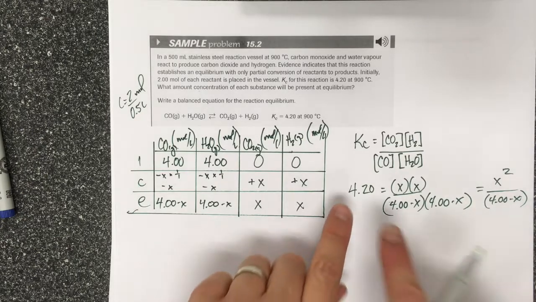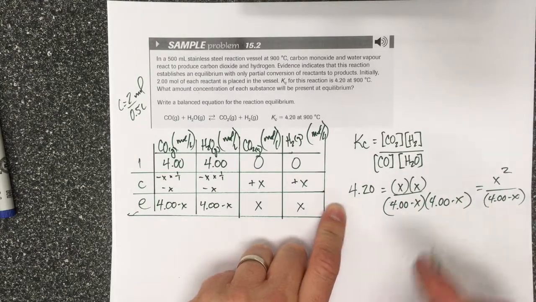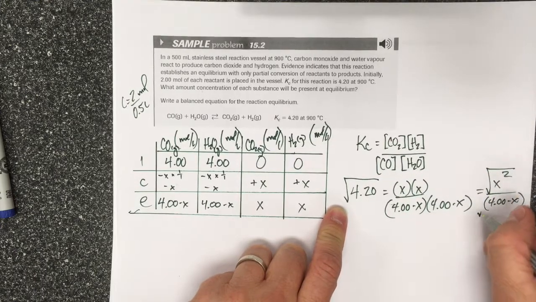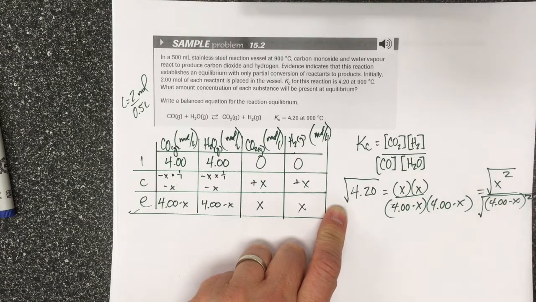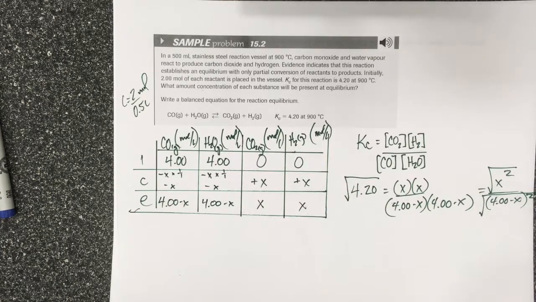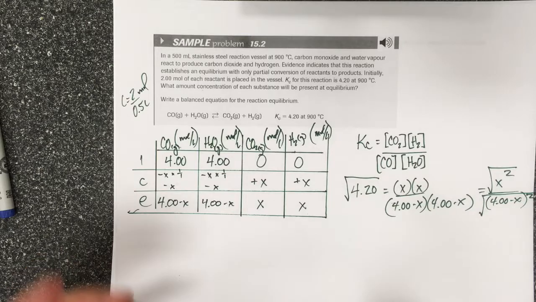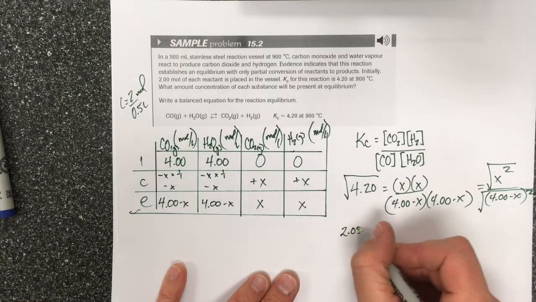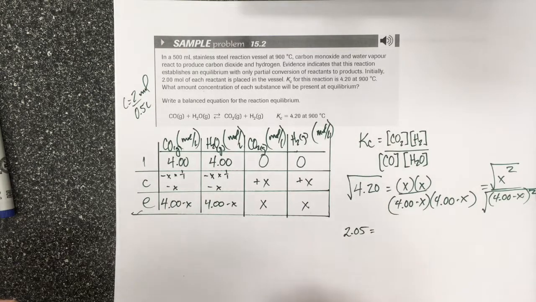Well, I can find the relationship here if I take the square root of 4.20, the square root of x squared, and the square root of 4.00 minus x squared. I can calculate what the value would be. So the square root of 4.20 is 2.05. You have to do that in your calculator.